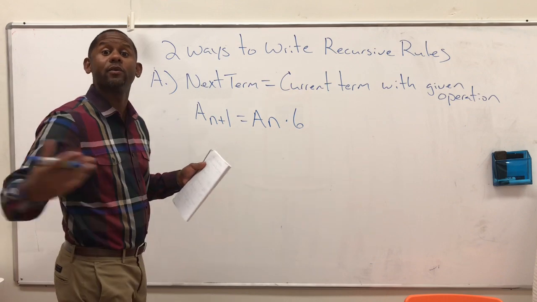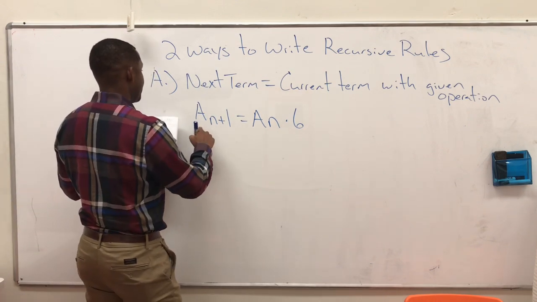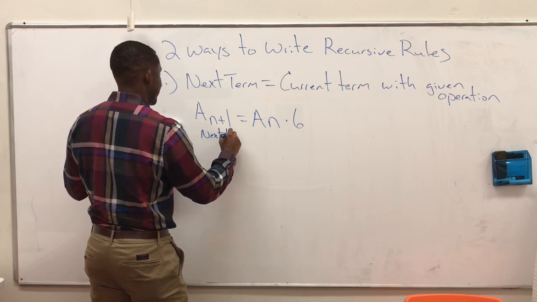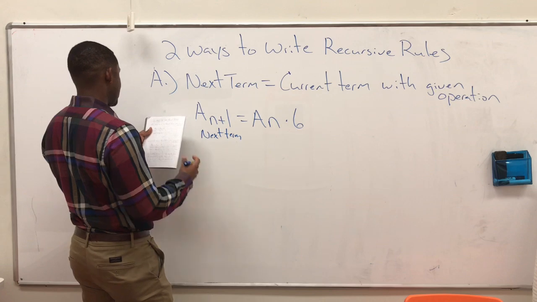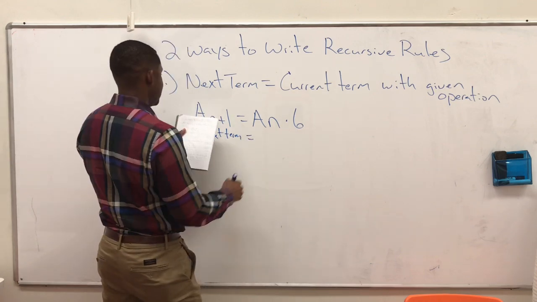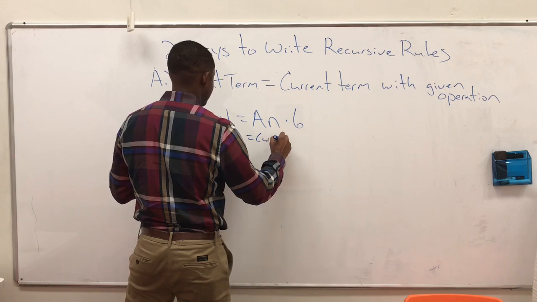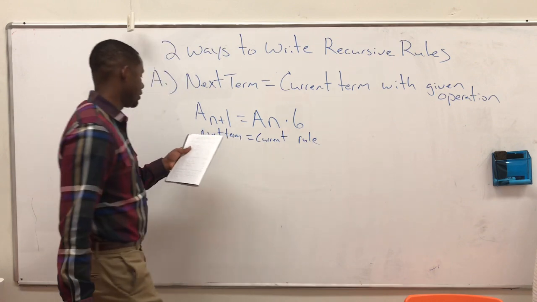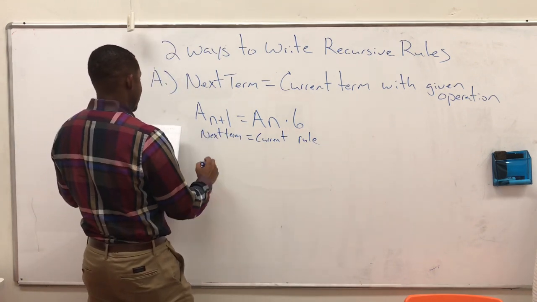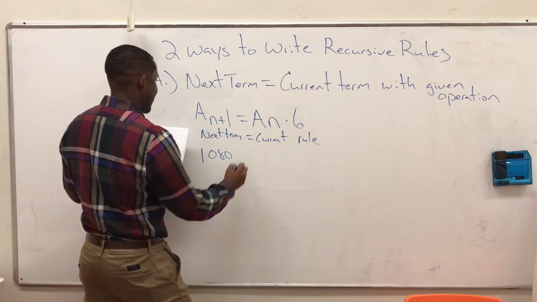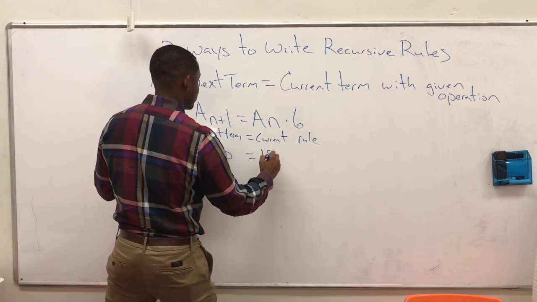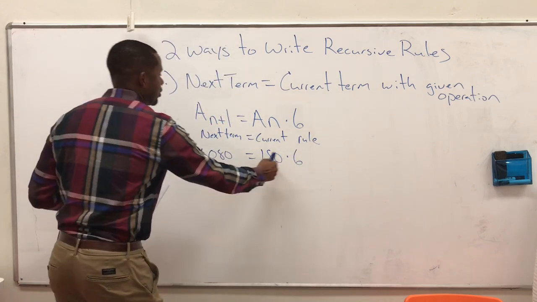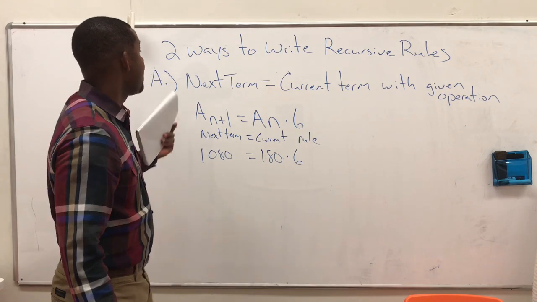I'm using the exact same thing we talked about last time, right? Remember, a sub n plus 1 is your next term. Next term equals a sub n, which is always current, and times 6 was our rule that we were using, right? So the next term in that last case was 1080 equals the current term, which was 180. Again, this should match the notes that you took earlier, times 6, and that's true. 180 times 6 is 1080.